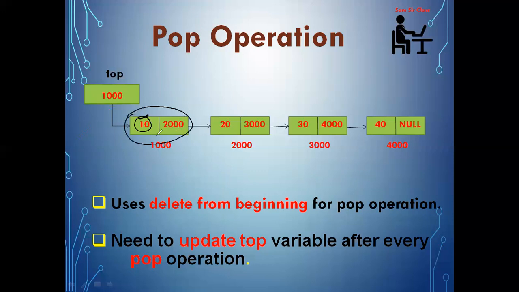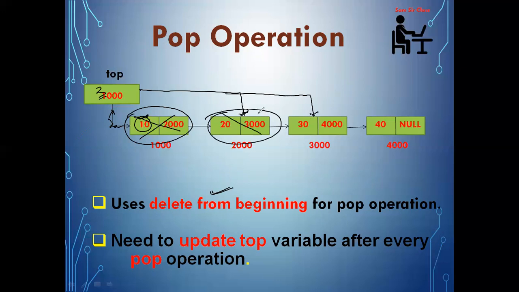Deleting the first node is delete from beginning of single linked list. So top will point to the next node of the first node, so in place of 1000, this will become 2000, and this connection will be deleted. I'll free this one. Once again, when I do the pop operation, the top will point to the node 3000, and this particular node will be deleted, and I'll update top here.